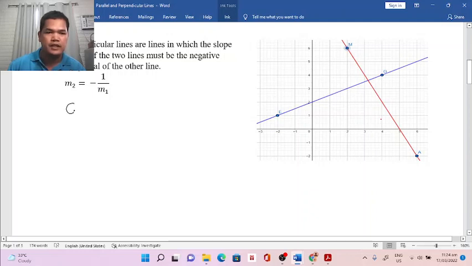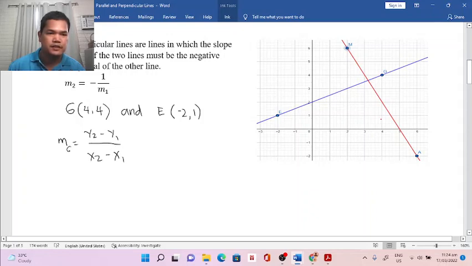So for G, we have 4 and 4, and for E, we have -2 and 1. Slope formula is y sub 2 minus y sub 1 over x sub 2 minus x sub 1. So this is for GE.